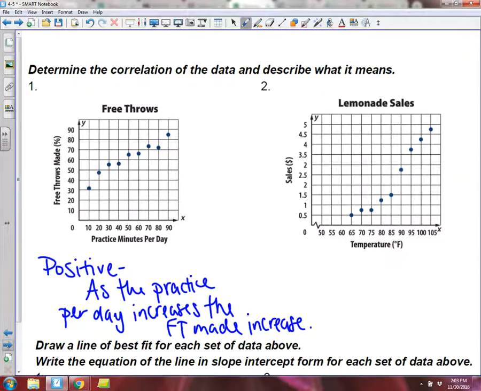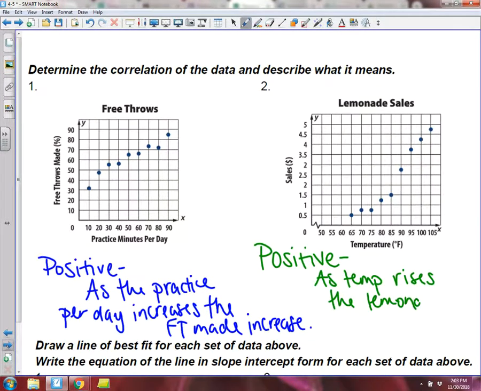Okay. What do you think about number 2 over there? It's positive again? Okay, so in the context of this situation, what does this mean? Look at your labels. As temperature rises, the sales of what? Correct. As temp rises, the lemonade sales increase.